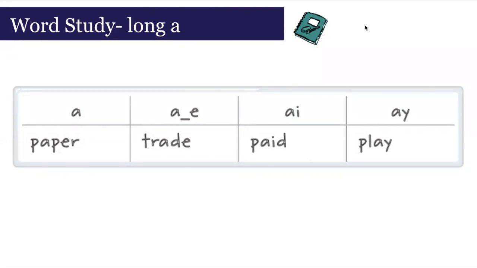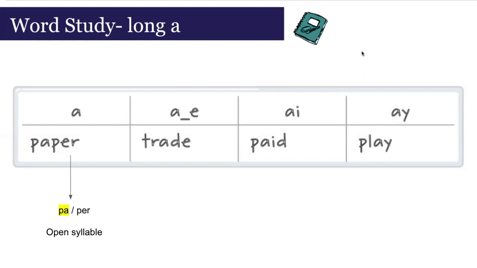The first word we're going to look at is the word paper. I'm going to break paper apart into its two syllables. And paper follows our long A sound because pay is in an open syllable, meaning it ends with a vowel and makes the long vowel sound.